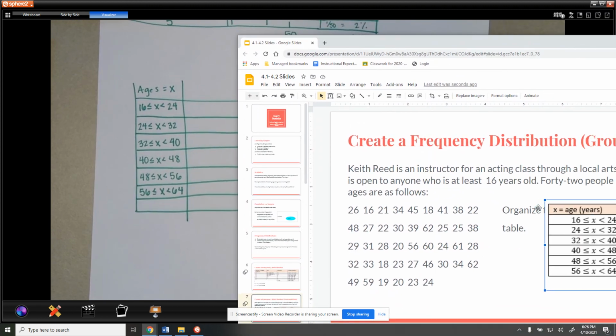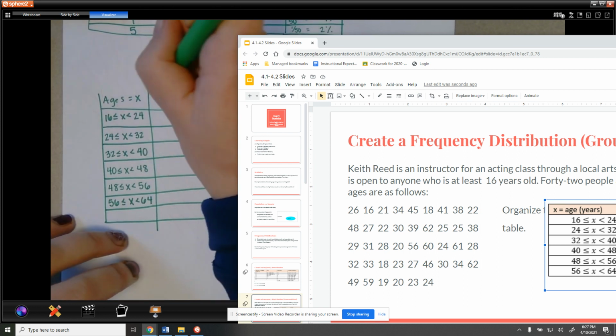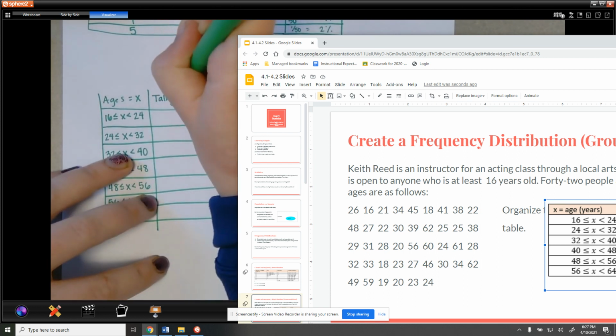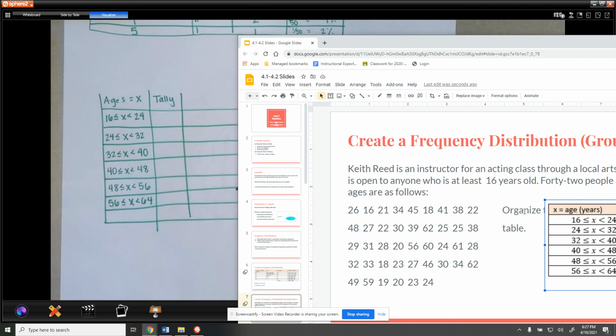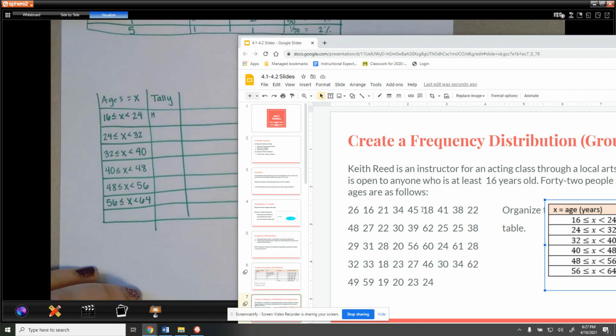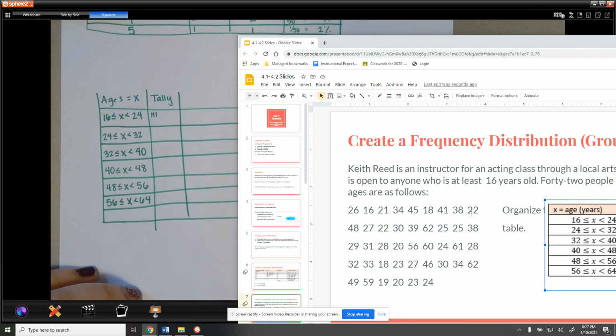Okay, sweet. So first group, we want to count up or tally all the people that are between the ages of 16 and 24, not including 24. So if I see a 24, then I don't tally here. All right, so let's see. I've got 16, that's a tally. Between 16 and 24, so 21 would count, right? 18 would count. 22.